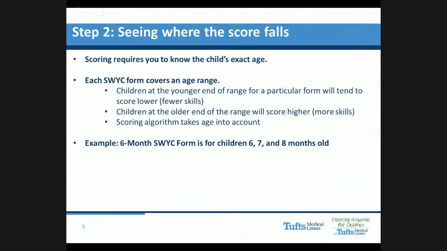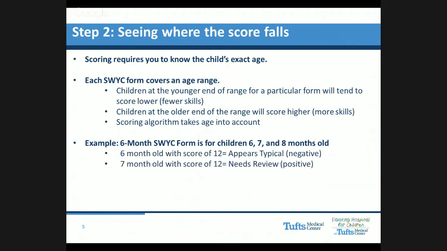To give you an example, the 6-month age-specific SWIC form would be given to parents of children who are 6, 7, and 8 months old. A 6-month-old child with a score of 12 on the milestones would fall into the appears to meet age expectations range.